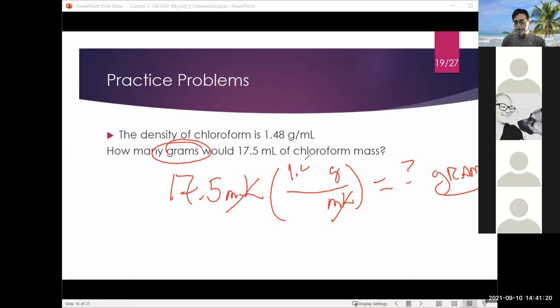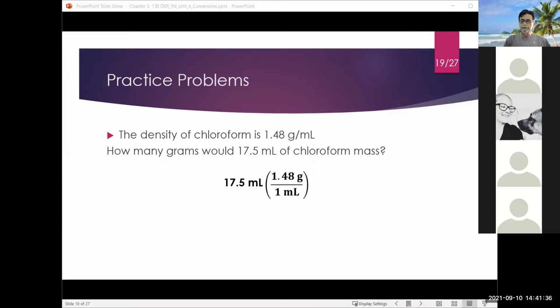I just put in the numbers now, and once I do that, I simply do the math. And let me clear it. Okay. And my answer is 29.5.